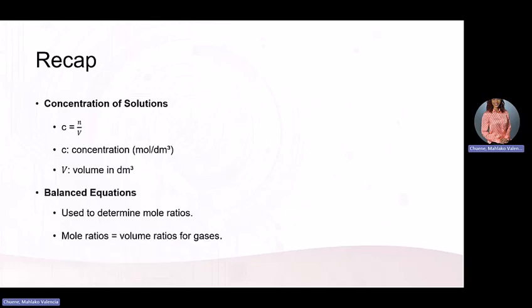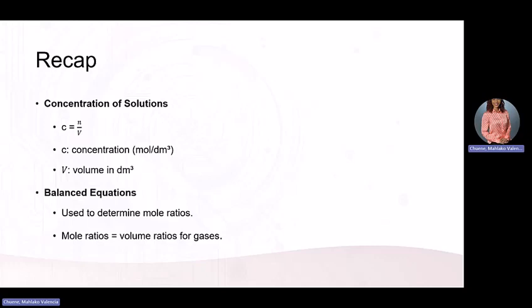Now, the next thing that you also need to know is the concentration of solutions. Concentration is given by the letter C, and it is measured in moles per decimeter cubed, and the volume is then measured in decimeter cubed.